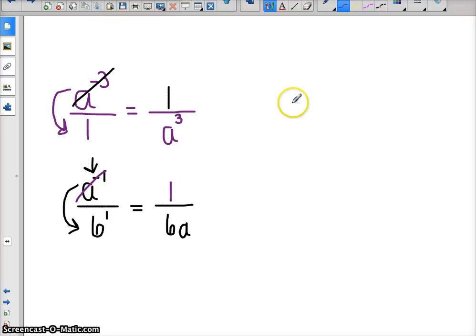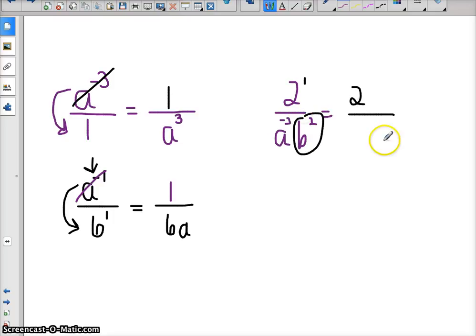Let's do another example. Let's take 2 divided by a to the -3 power times b to the +2 power. All right, so if we analyze each base, we have 2 to the first. It has a positive exponent, so it will stay put. B to the 2 also has a positive exponent.